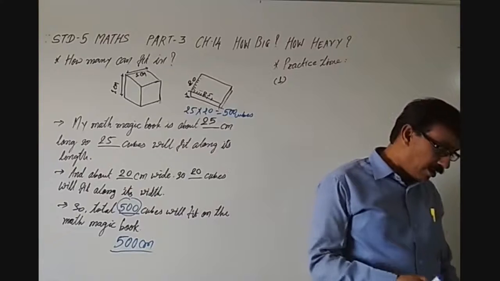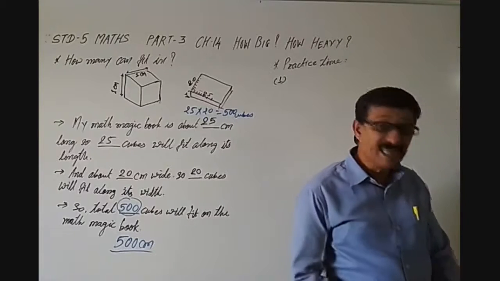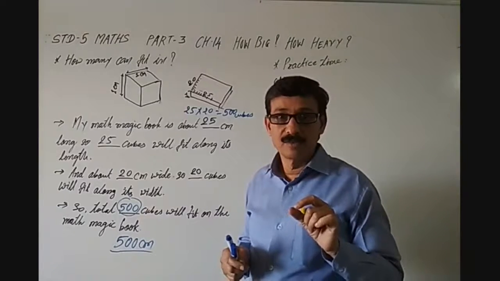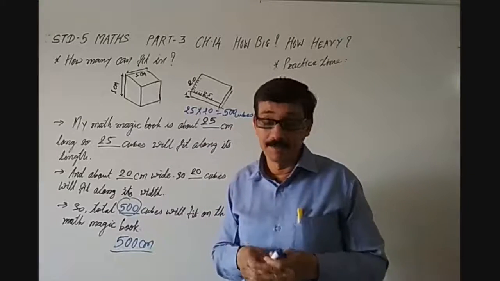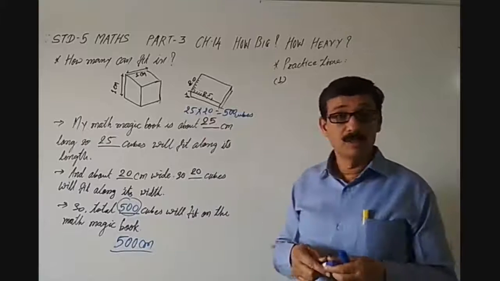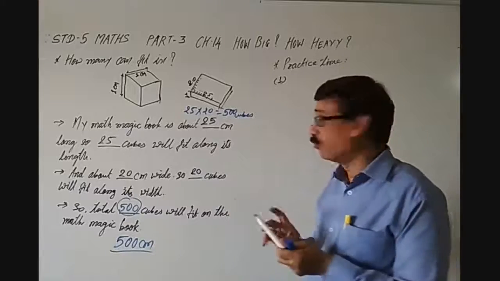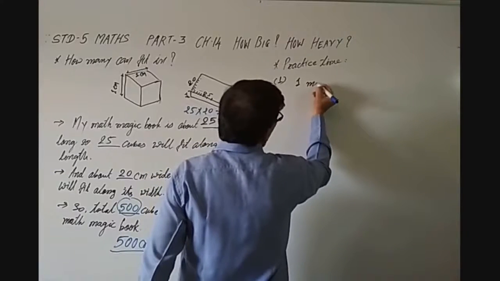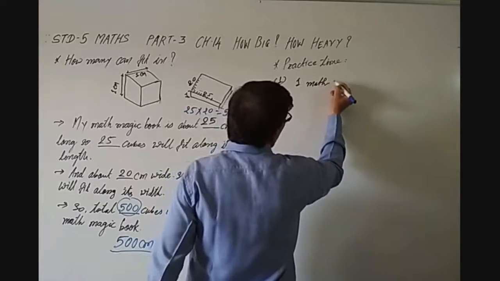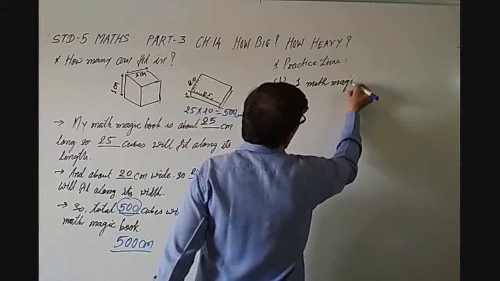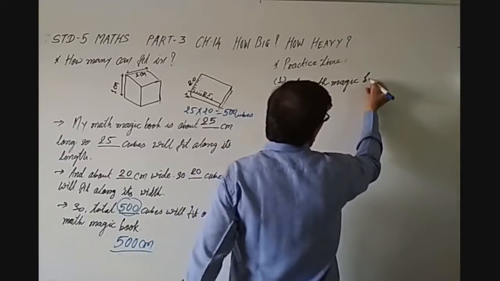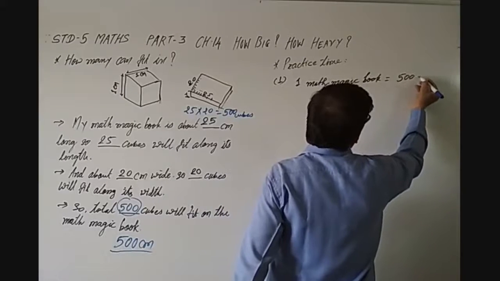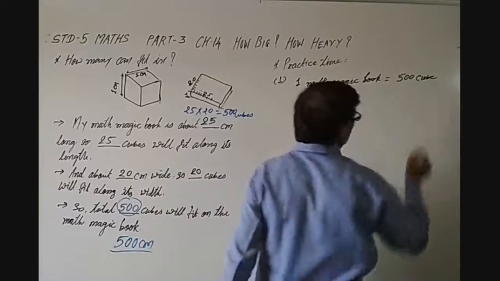So in the ultimate way, we can say how many cubes will be required for these 5 mathematics books. For one mathematics book, the cubes required are 500 cubes, isn't it?